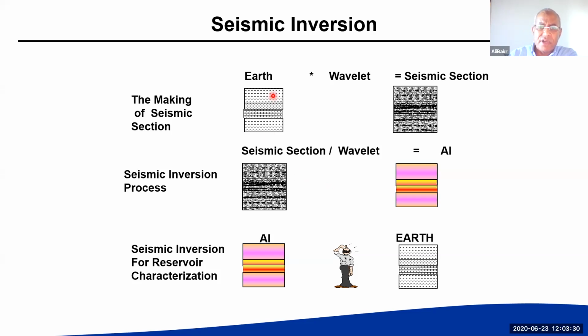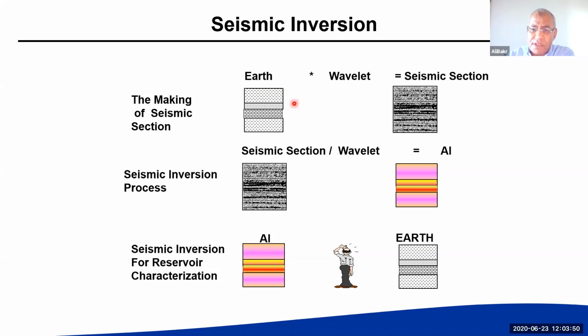As an example, in front of you, the Earth comes from different geologic units. If I have the geologic units and I shoot seismic, I convolve them with a wavelet, like I give them seismic, and they respond back with a seismic section. Does this seismic section represent the geology here?